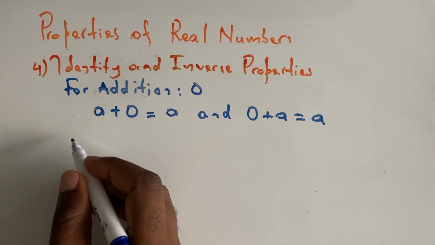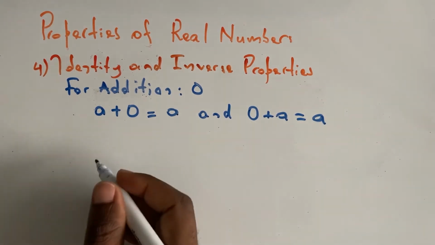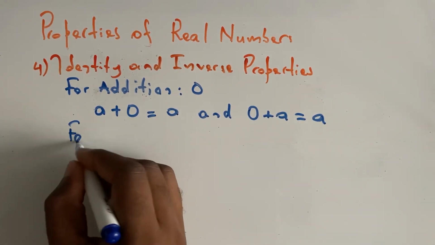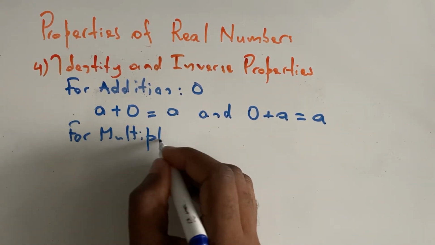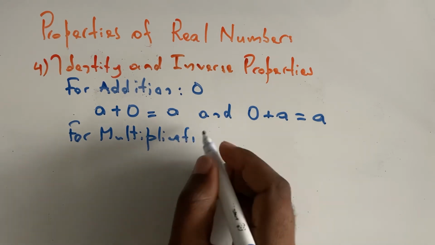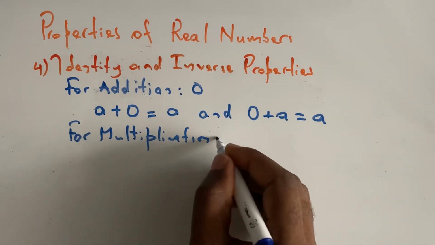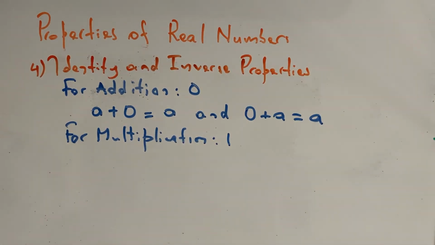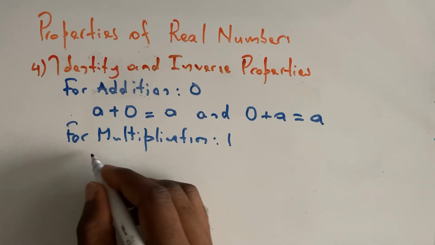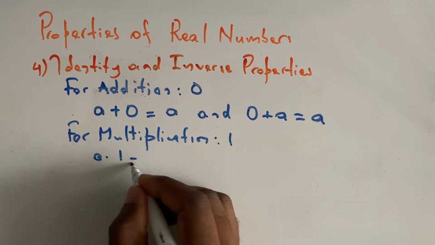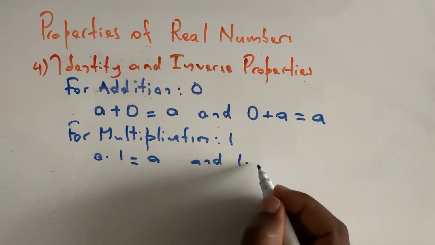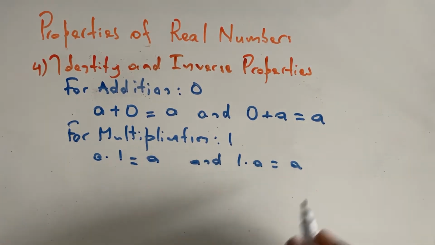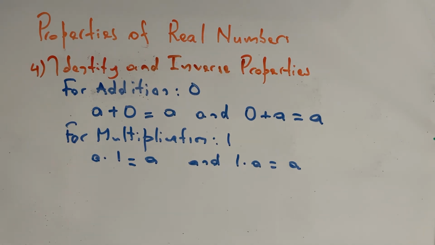Now, how about for multiplication? For multiplication, what we know is the number 1. Why? Because a times 1 is equal to a, and 1 times a is equal to a. So this is very important to know.